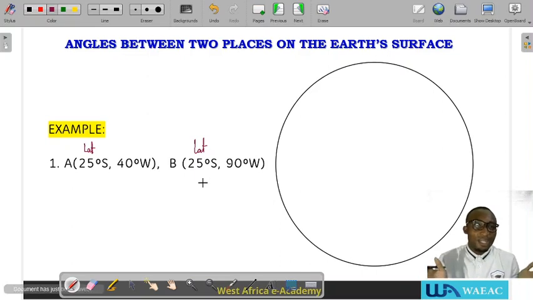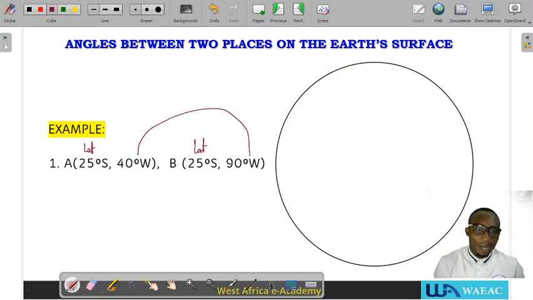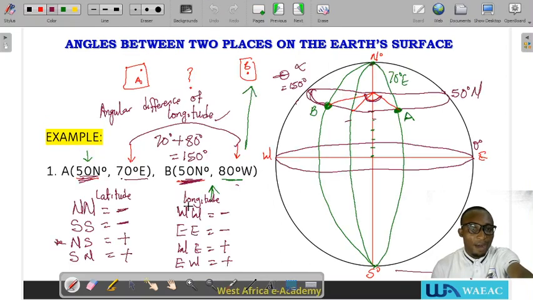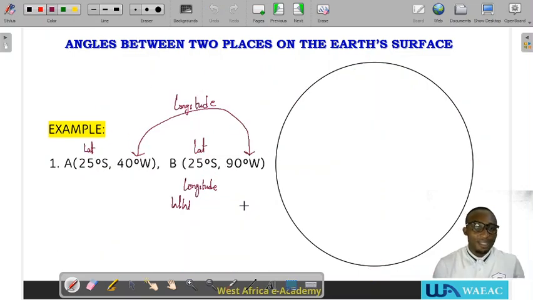The angular difference here is still on our longitude, and I told you, if it is the same, that is, we have west west, we are going to subtract because they are going in the same direction. There is no point in adding it.